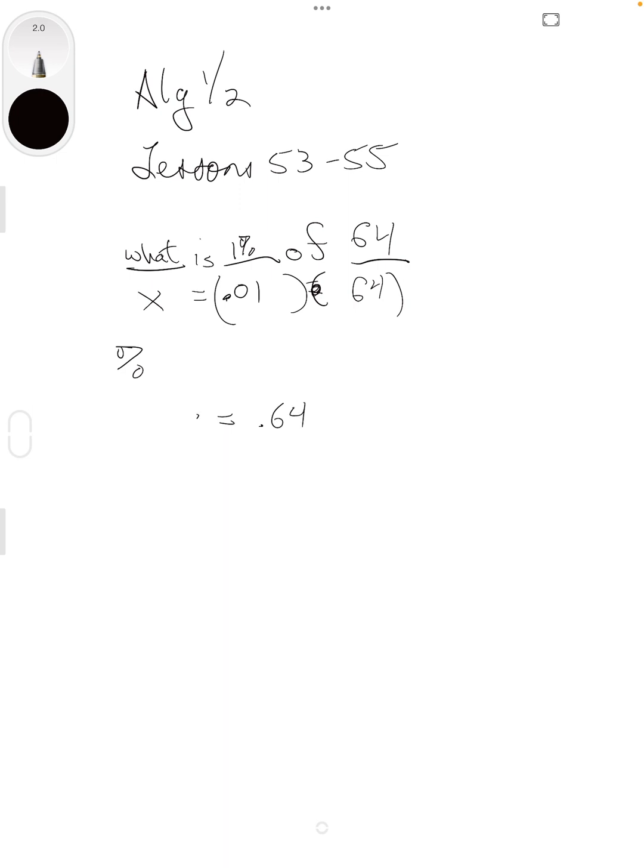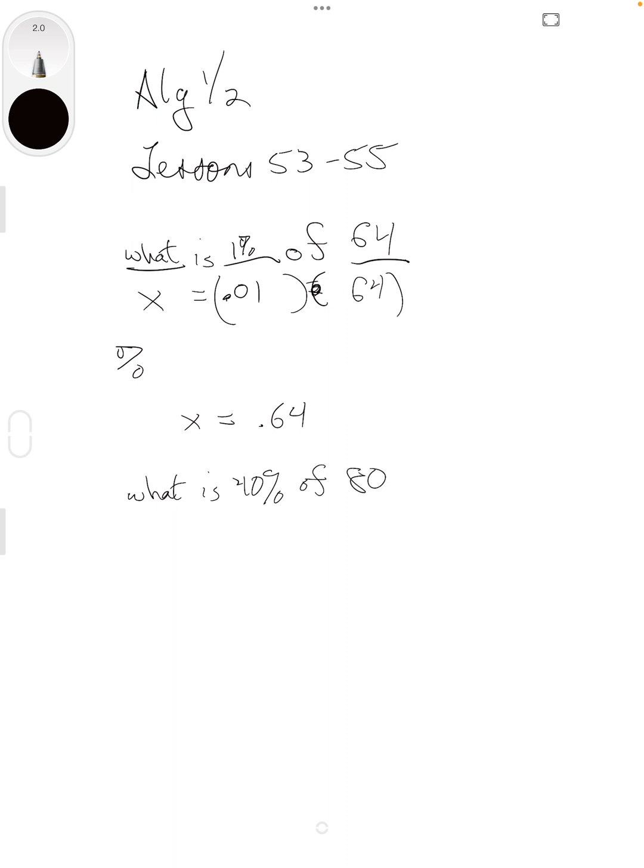0.64 is X. You use a calculator, but this one's kind of obvious. And so what is 1% of 64? 0.64. Okay, let's try another one. What is 40% of 80?